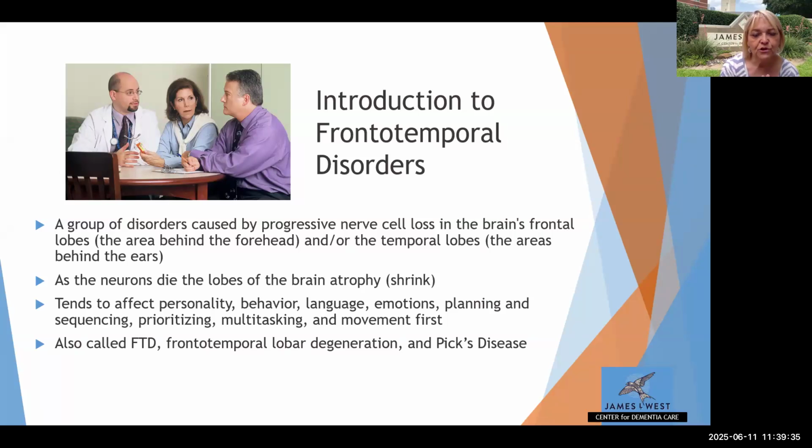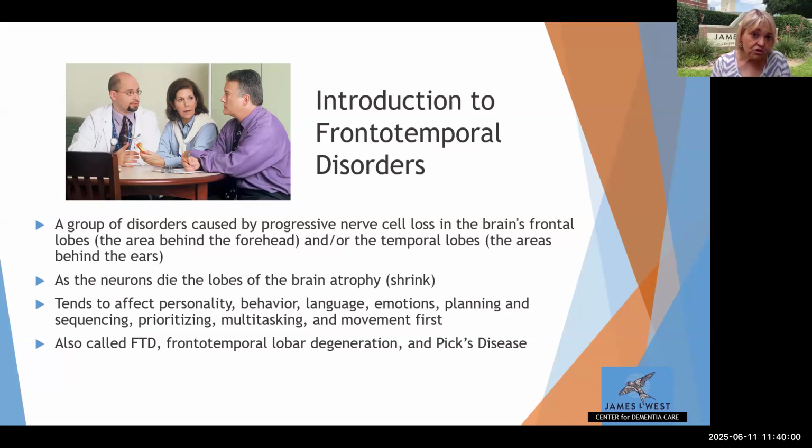Okay, so again, introduction. What's going on in a person who has a frontotemporal disorder? It's progressive nerve cell loss in the brain's frontal lobes, the area behind the forehead, and the temporal lobes, the area behind the ears. So we're talking about this part of the brain. As the neurons die, the lobes of the brain atrophy or shrink.